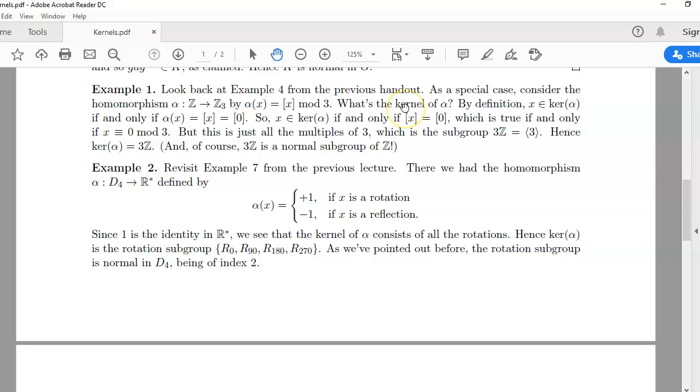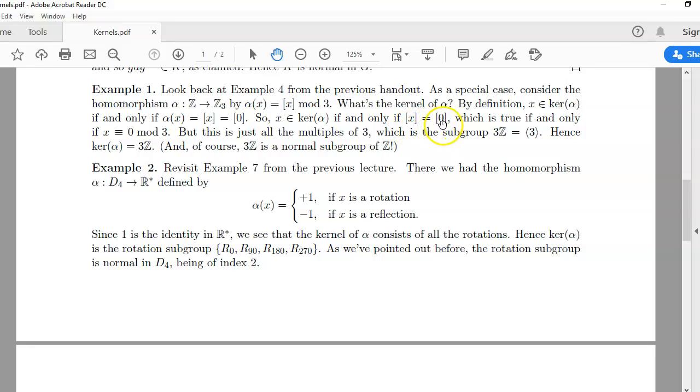What's the kernel of alpha? Well, just read the definition. By definition, an integer x from Z would belong to the kernel of alpha if and only if alpha of x were the identity in Z mod 3, but the identity in Z mod 3 is class 0. So x is in the kernel of alpha if and only if the class of x is the class of 0.